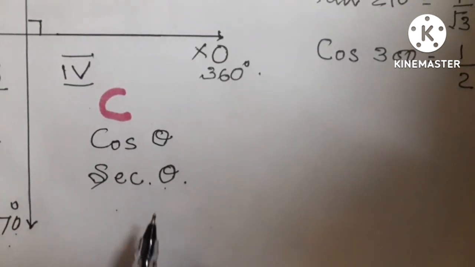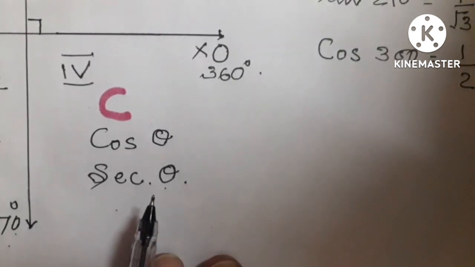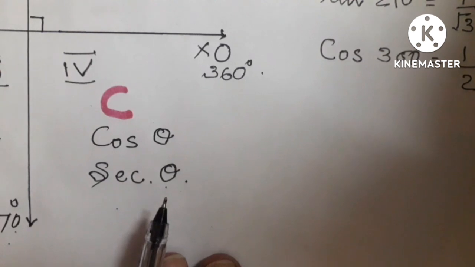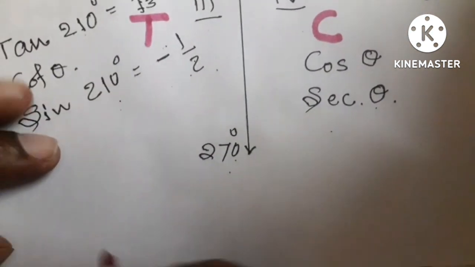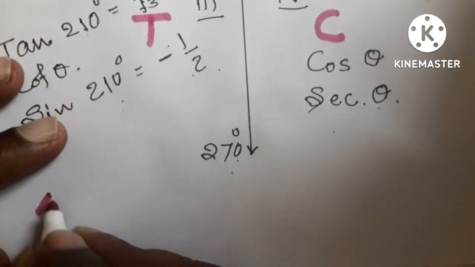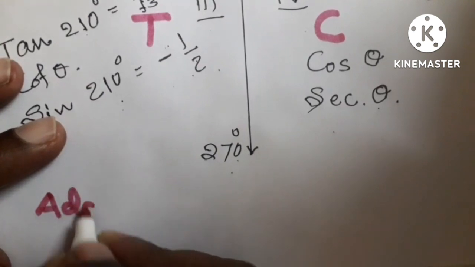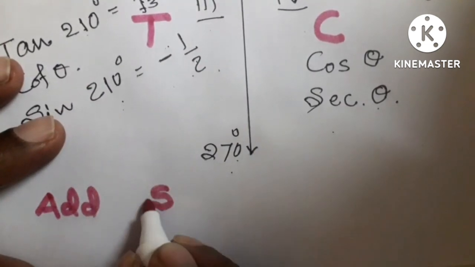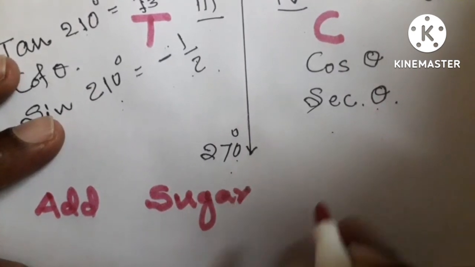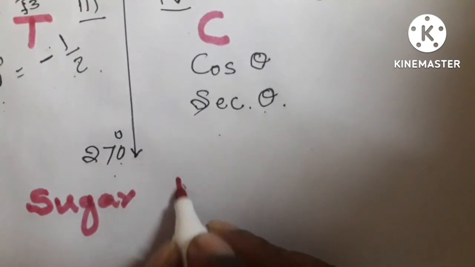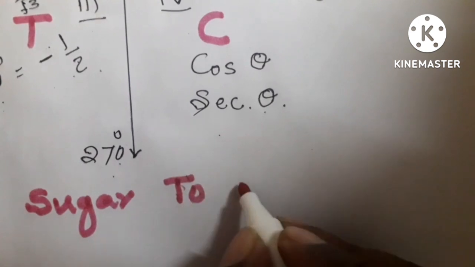So to remember these values, I will tell you one shortcut method. The shortcut method is this one: Add sugar to coffee.